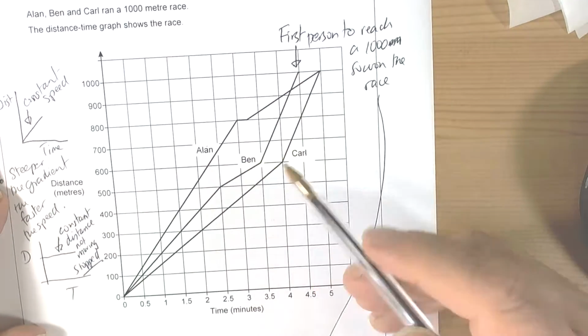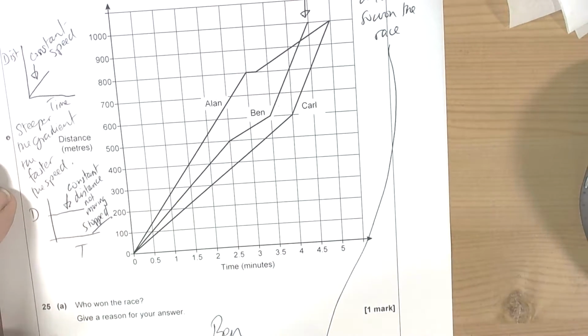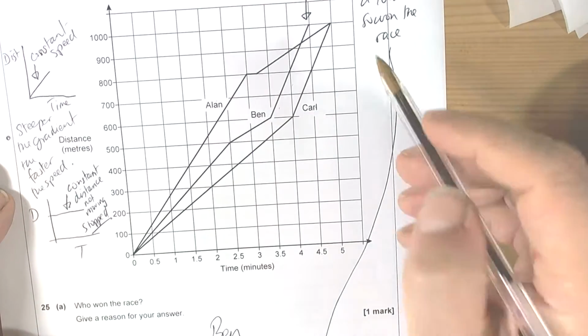And that person was Ben. So Ben won, the first person to travel 1,000 metres.